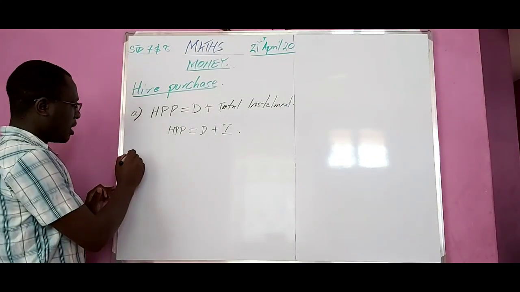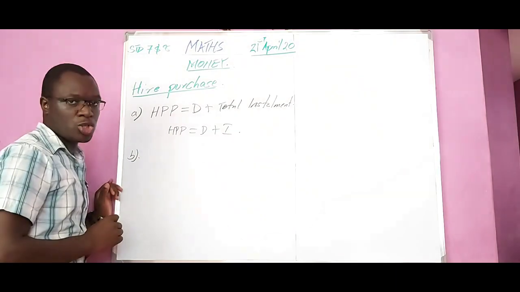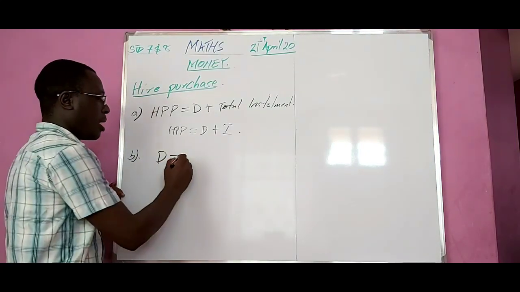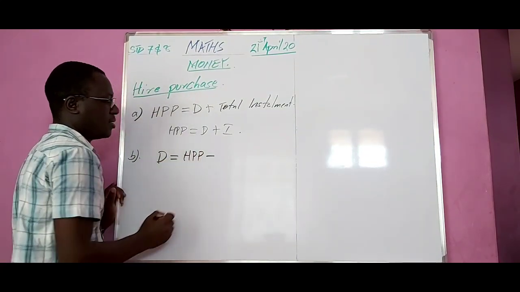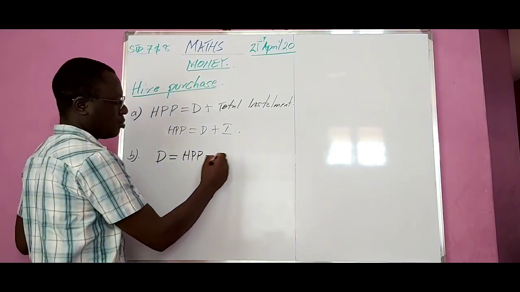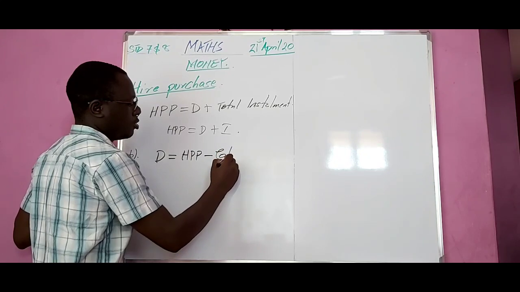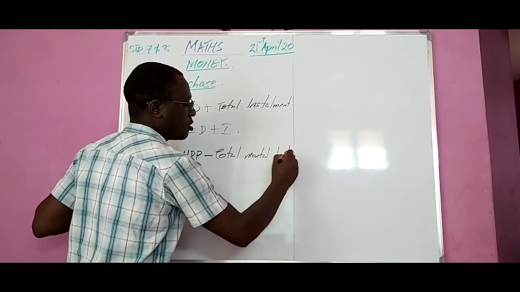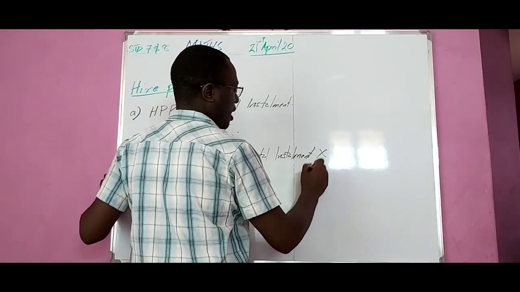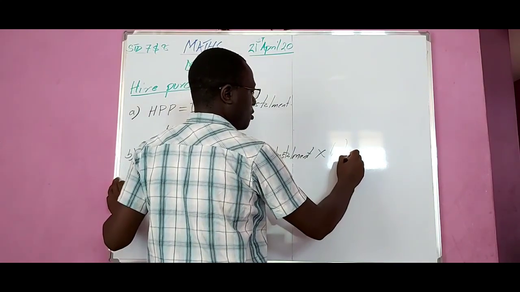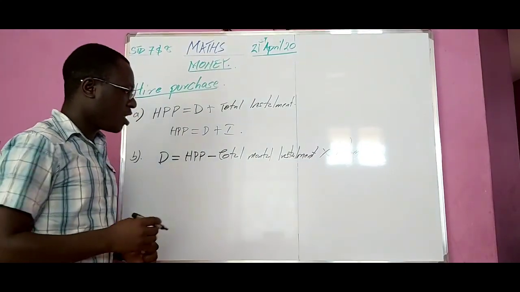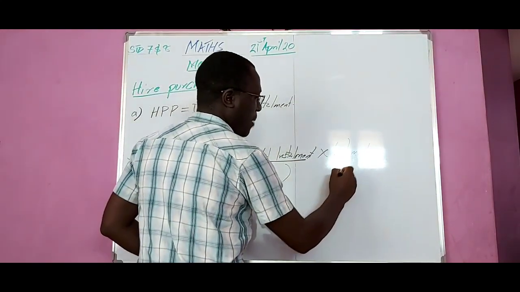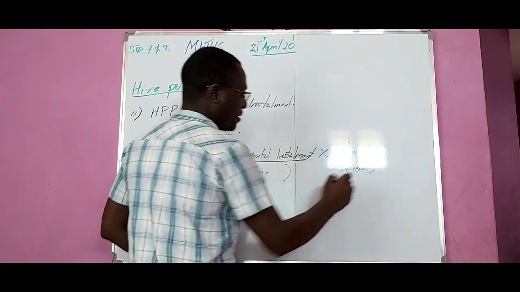Now, the second formula is for a question where you're asked about the deposit. We shall say deposit is equal to hire purchase price minus total monthly installment, that is the number of times, the time taken, times the amount paid per session.